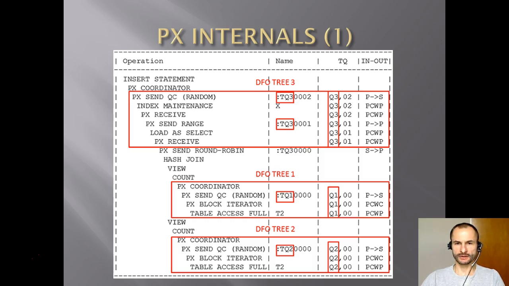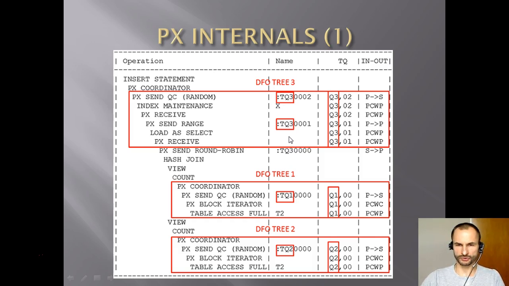One thing is that, in terms of parallel execution, each DFO tree is optimized as a separate unit by the optimizer. Also, each DFO tree gets its own parallel slave sets assigned, which means that this DFO tree here, which does this redistribution, gets 2 slave sets because data gets redistributed.